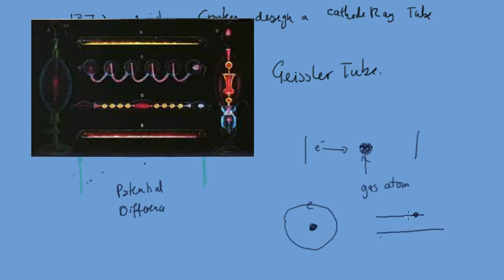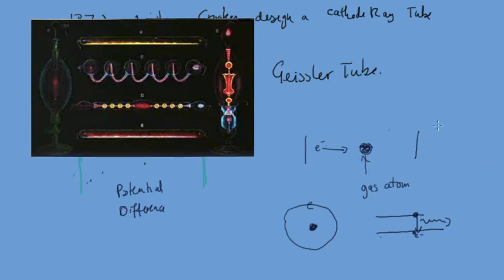If you've done any chemistry, you will see that when the electron hits them, they can cause this electron to drop down to a lower energy level, and when it drops down, it emits a photon of light. So the electrons passing through are colliding with these gas atoms, causing this emission of light from the gas atoms.